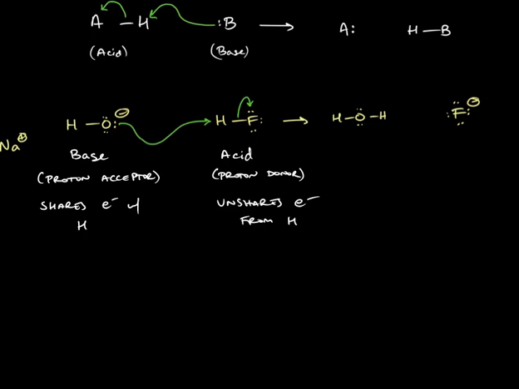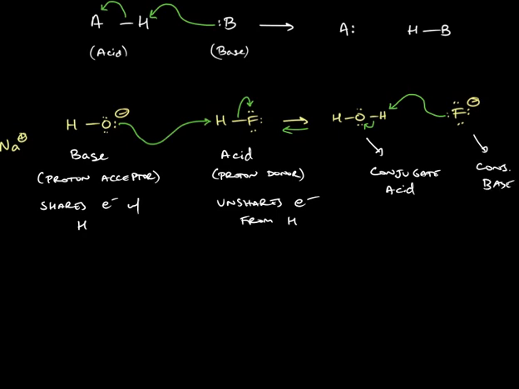But realistically, this reaction could just go backwards. That F- could take this H back, and therefore that water would unshare electrons, and this could go in reverse as well. So sometimes these are referred to as, this guy would be the conjugate acid, and therefore that F- would be the conjugate base.